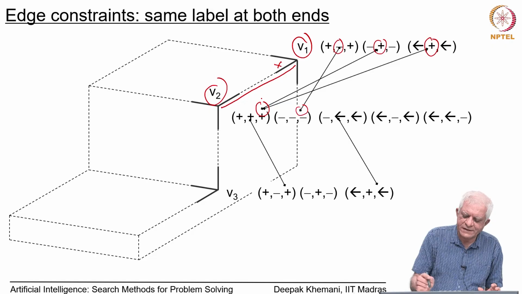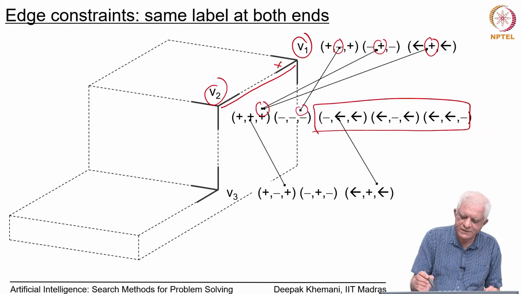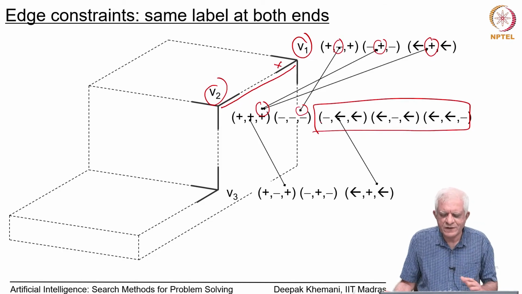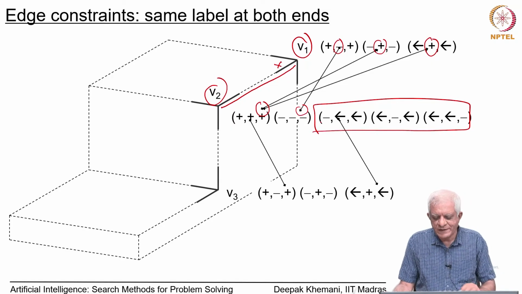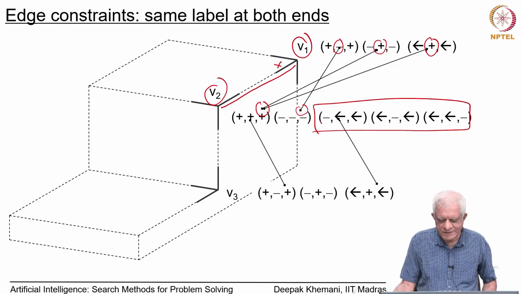So, you can see immediately that for this vertex these cannot be possible combinations. This is a basic feel of this idea of propagation that we are slowly working through, that only certain combinations are allowed. Likewise, between V2 and V3 we can see that only certain combinations are allowed.